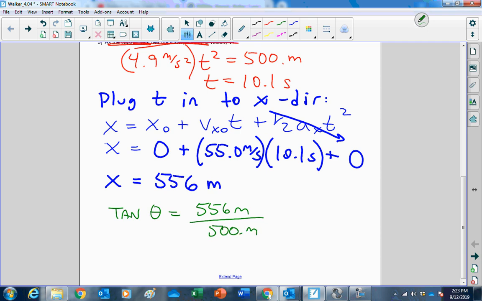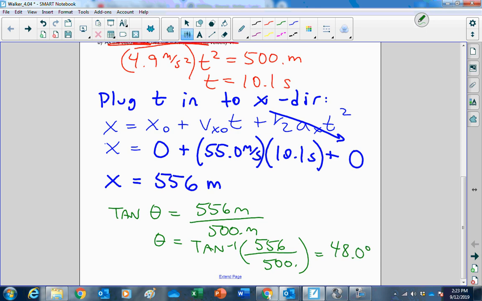So then I'd have to do inverse tangent of that ratio on my calculator to find that angle. And when you do that, the book says, I'm cheating here, that I get 48 degrees.